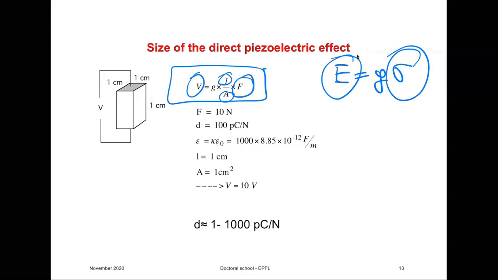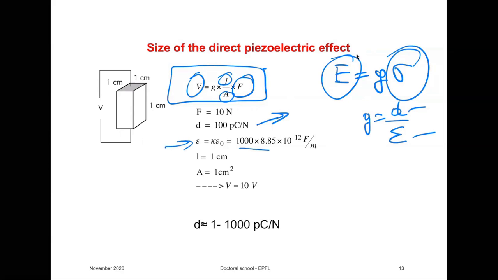Now let's see what kind of coefficients we can get. First, we know that g is equal to d over epsilon, so we need the d coefficient and permittivity. We consider here a piezoelectric ceramic with a d coefficient of 100 picocoulomb per Newton. That's what you would get for typical hard PZT.